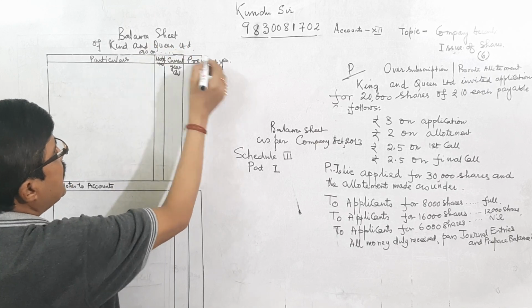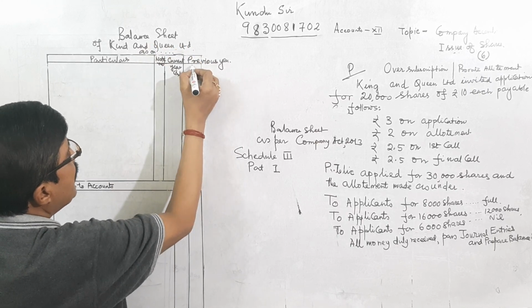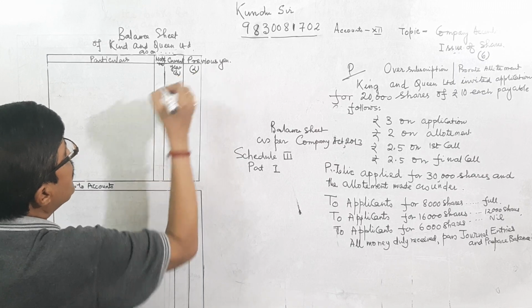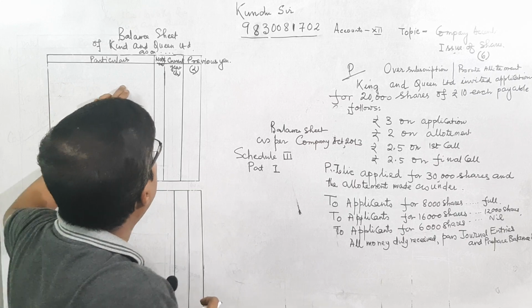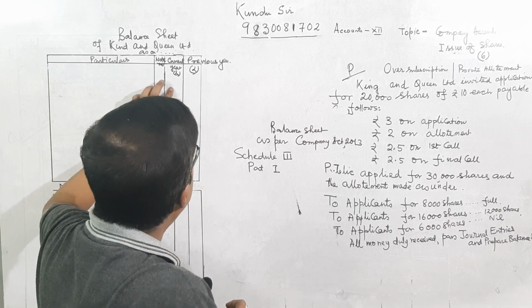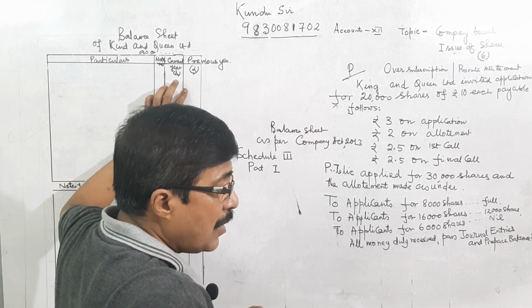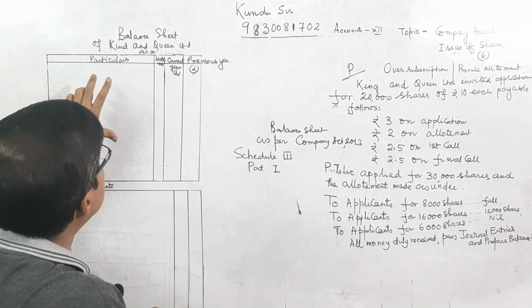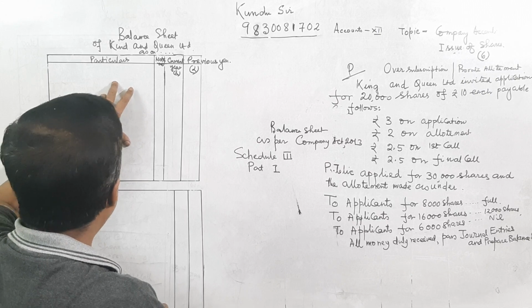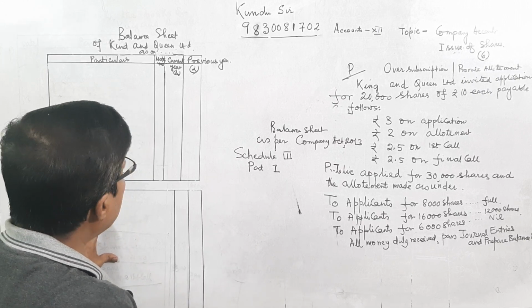No debit, no credit here. The details, that means disclosure, is to be given in the notes of account.